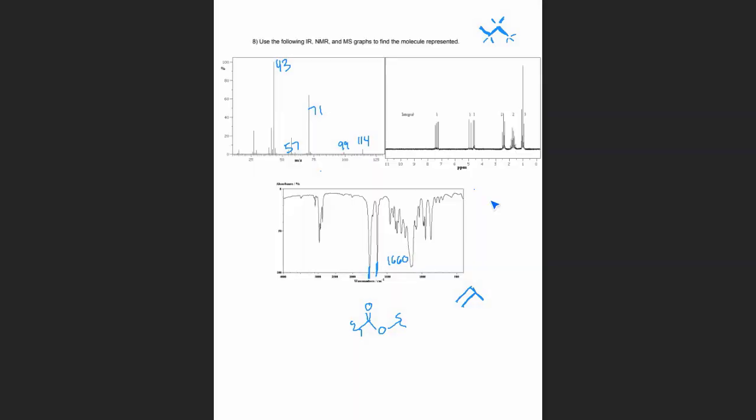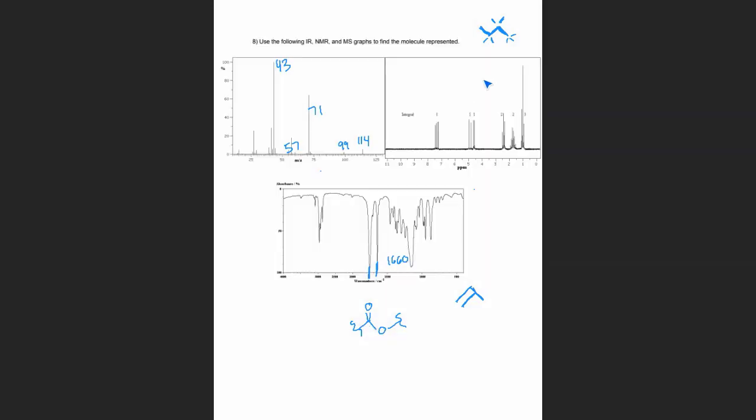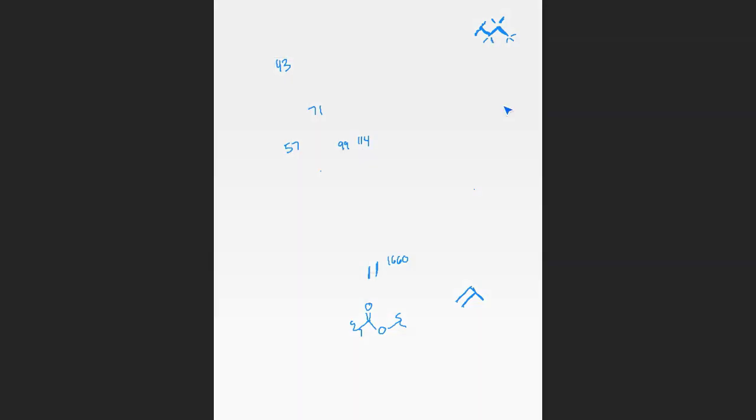Now we do still have the ester here. Whether this piece goes on the left or the right side, we have to look at where these 2 hydrogens are located.